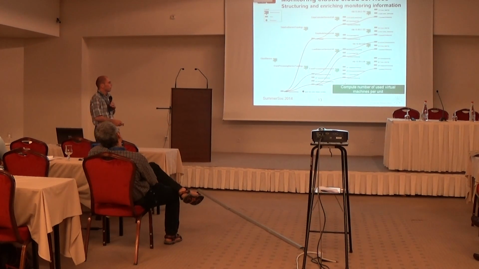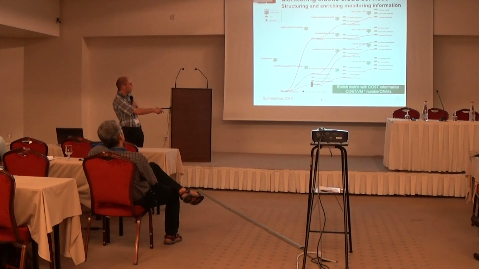So for example, if you would like to get a metric cost per client per hour, you would need some basic information, number of virtual machines per service unit, multiplied by cost per virtual machine, get some application level metrics like number of active connections or throughput, and combine them.